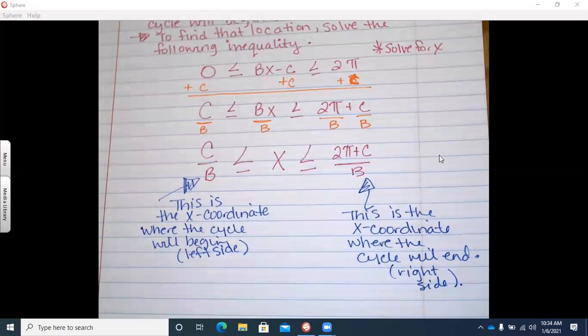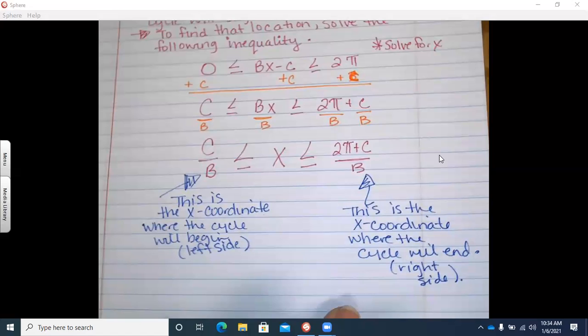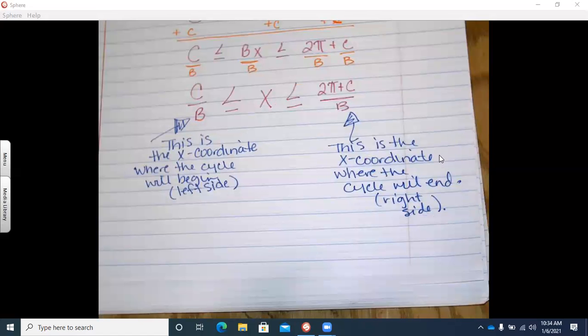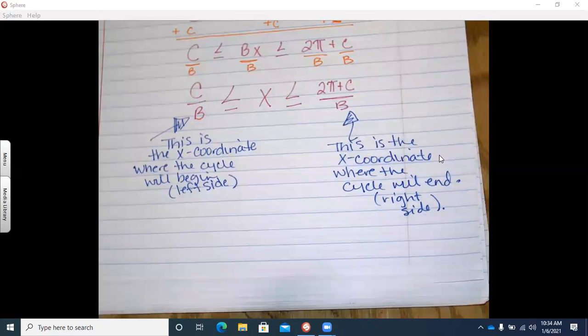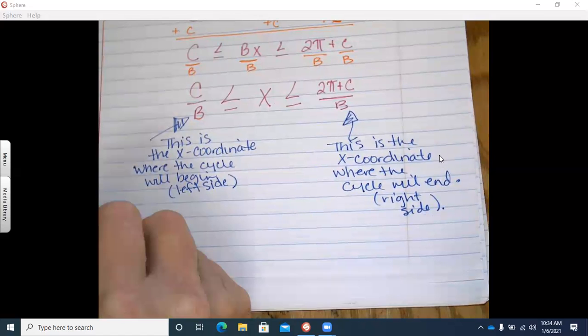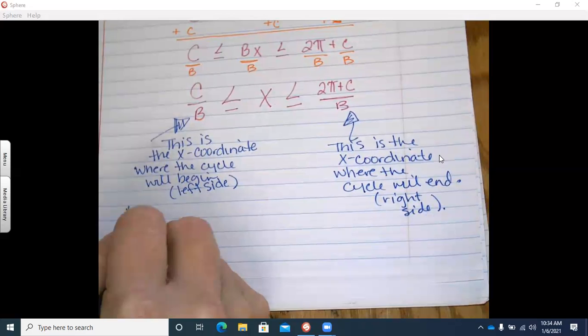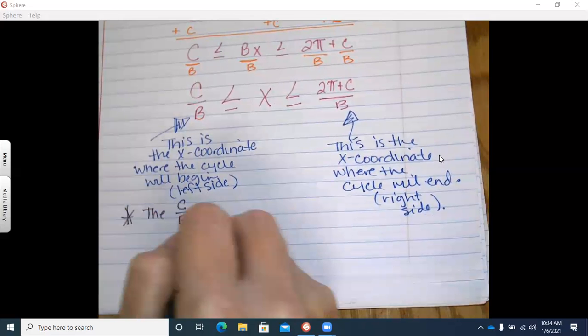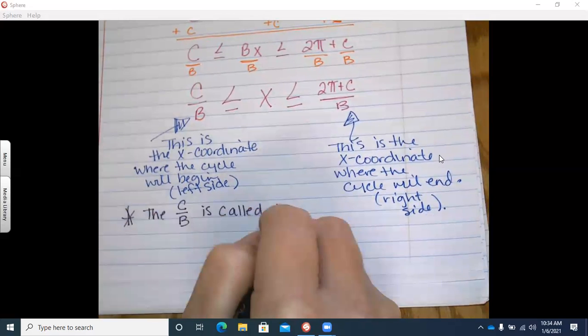Of course, we'll write that down. I know I'm writing a little fast, so I need to wait a minute. Okay. The c divided by b is called the phase, P-H-A-S-E, shift.